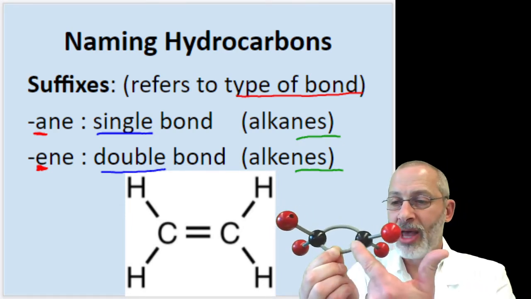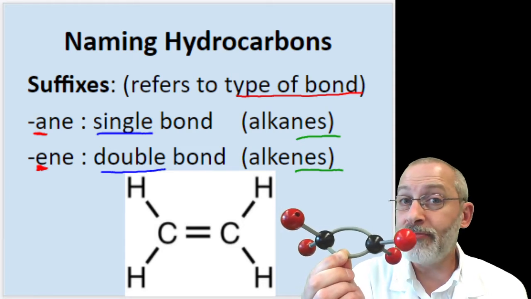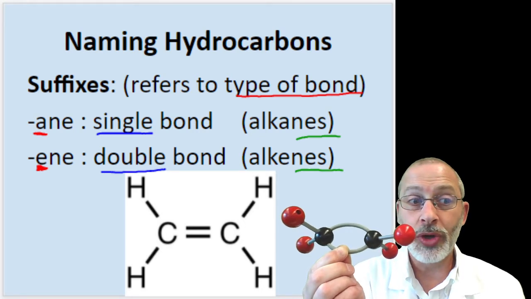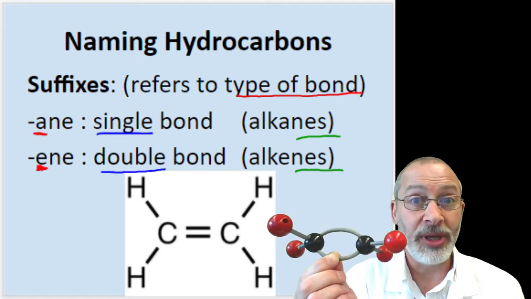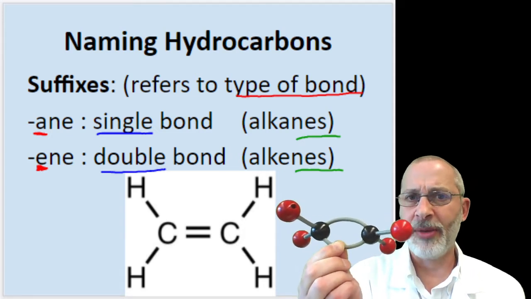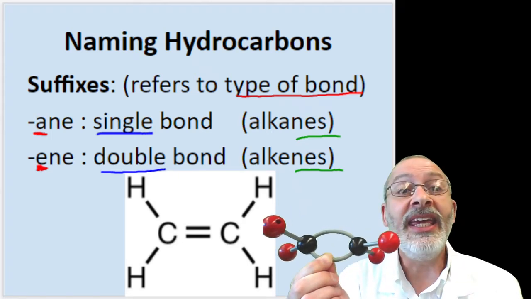Now again, this model has two carbons, so what prefix might you use? What prefix to represent two carbons? Again, it would be eth, but what would the suffix of this compound be? Not ane, but ene.